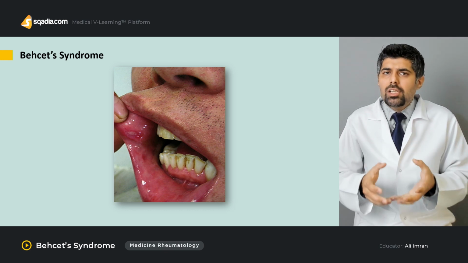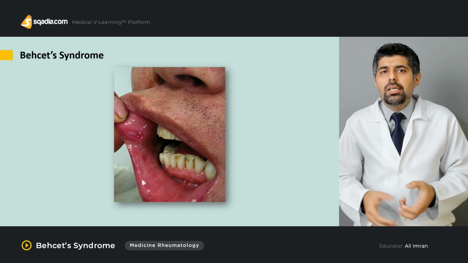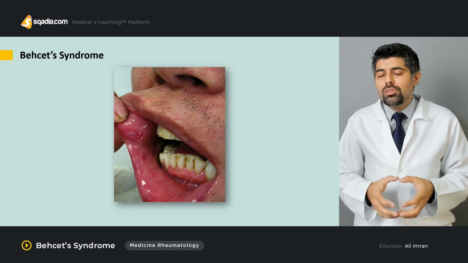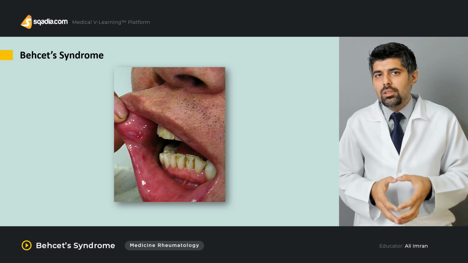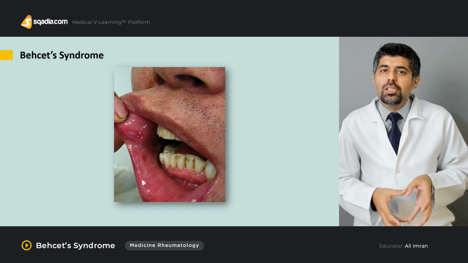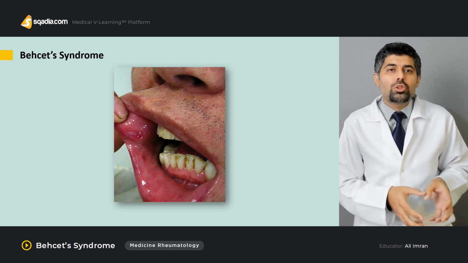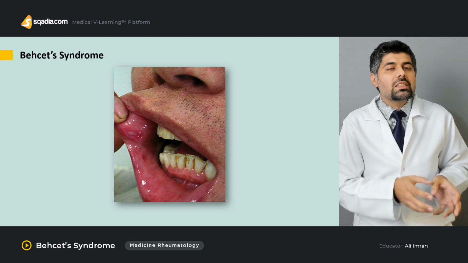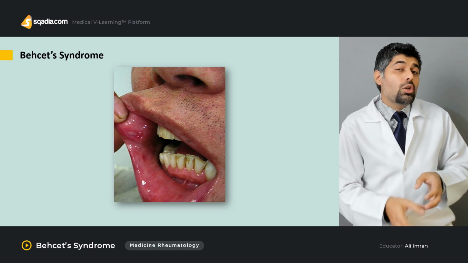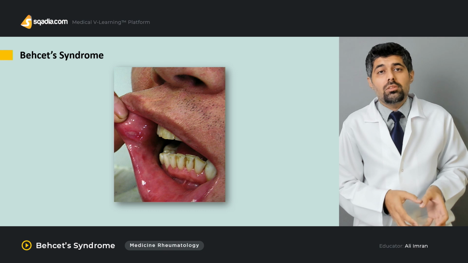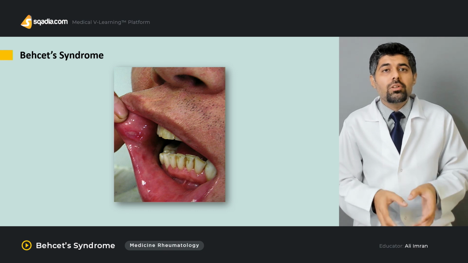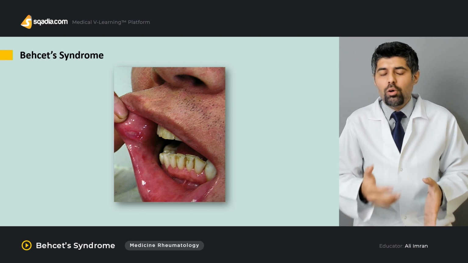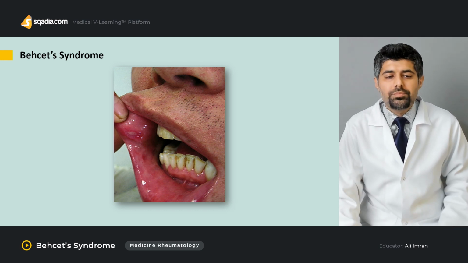So the areas around the palate, in the posterior region of the oral cavity, those regions are usually spared. So aphthous ulceration is the most common manifestation, to the point that it is considered pathognomonic, that you cannot diagnose Behcet's syndrome without first having some kind of clinical manifestation of these aphthous ulcers.